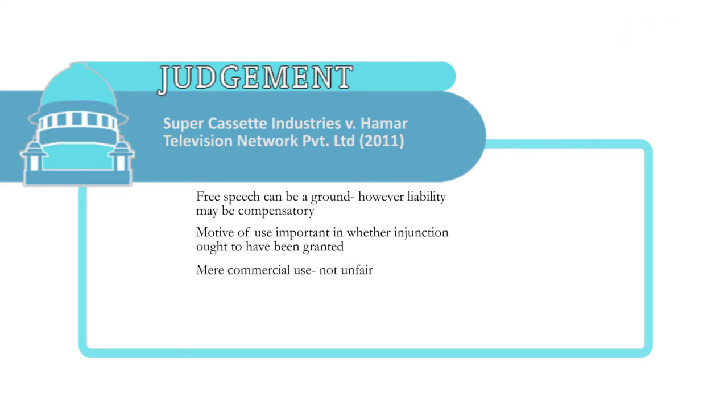Mere commercial use, however, is not unfair, and does not lead to a finding of infringement. It means fair dealing of works can also be allowed for commercial purposes. Transformative uses may be fair in certain cases. So these are the broad principles that were laid down in this case.